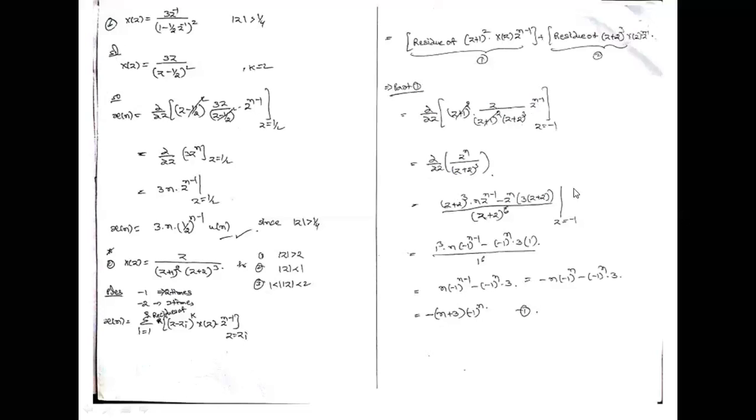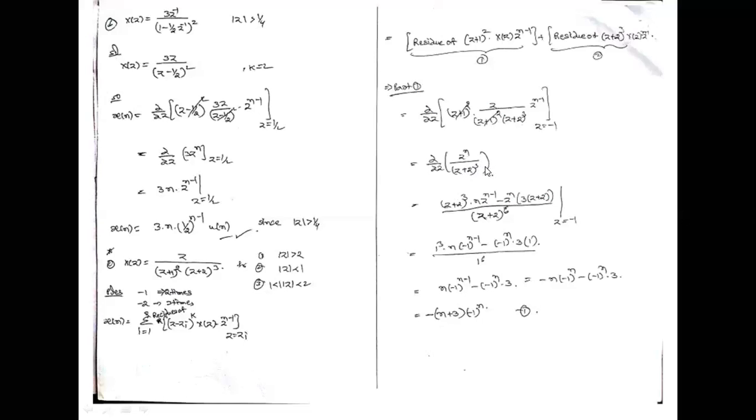So apply the u by v rule. Take v, z plus 2 whole cube, and apply the derivative of u. What is the derivative of u here? n into z power n minus 1. Minus, take u and write the derivative of v.